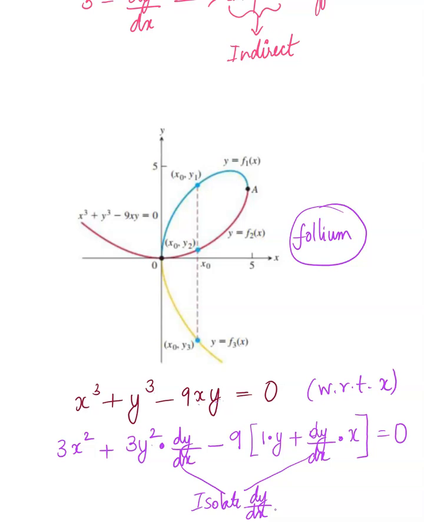You don't have to complicate things, and implicit differentiation allows you to do it in the easier way. So you are indirectly finding dy over dx for a complicated expression like this, where y cannot be solved for. You've not seen folium before, so I understand that.